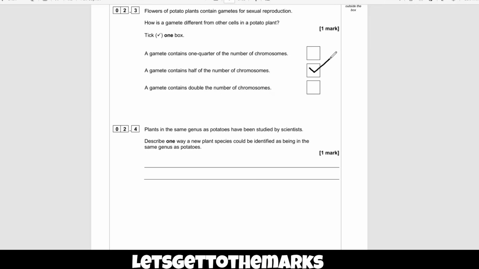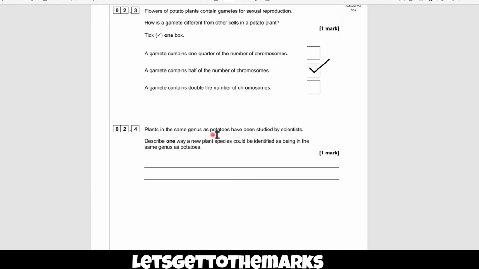So in humans, it's 23. Men's sperm cells contain 23 chromosomes, women's egg cells contain 23 chromosomes, but an adult body cell, like your skin cell, hair cell, heart cell, they contain 46 chromosomes. But your gametes are your sex cells, and in humans, it's 23. God knows what it is in potatoes. I haven't Googled how many chromosomes they have.